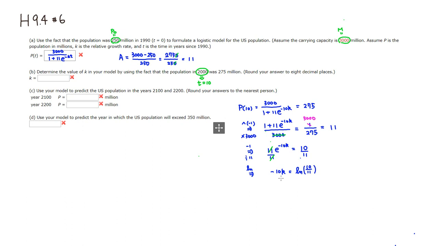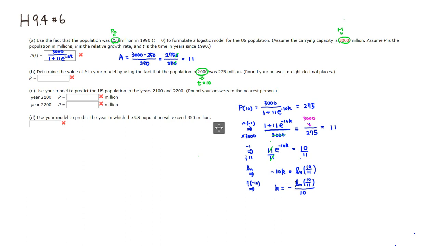Dividing through by negative 10, k equals negative natural log of 10 over 11, all over 10.